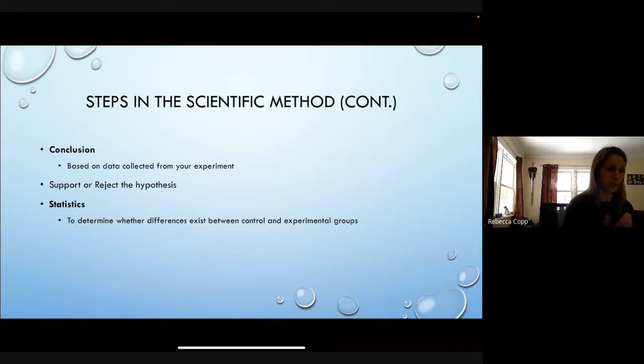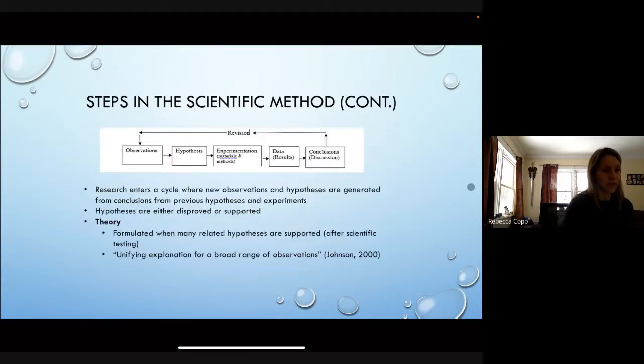Again, that would be either to support or reject your hypothesis. The scientific method enters this cycle where new observations and hypotheses are formed from the conclusions of previous hypotheses and experiments. I apologize, my dogs are home and going crazy. So hypotheses are either disproved or supported.